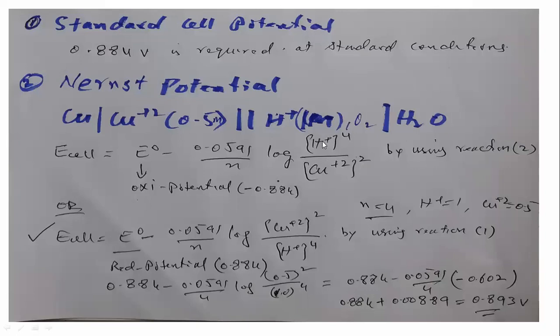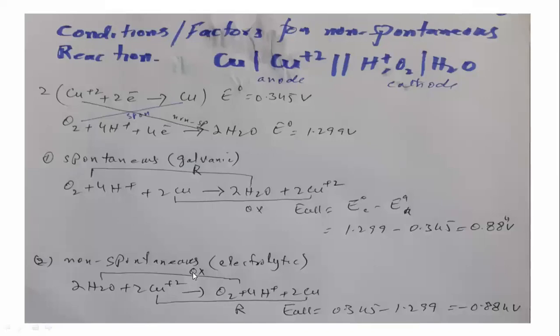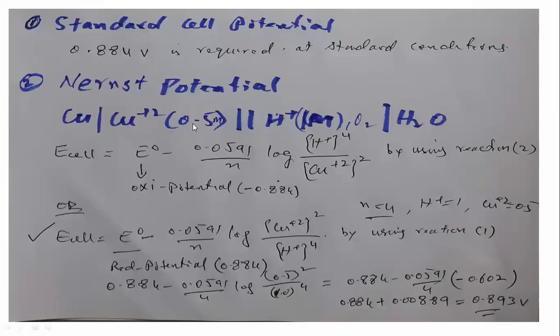Now you can put in the value of hydrogen. Hydrogen ion is 1 molar concentration and copper ion is 0.5 molar concentration, as we are going to assume in this reaction. When you solve this one, again, you will get the same value, but with the minus sign.